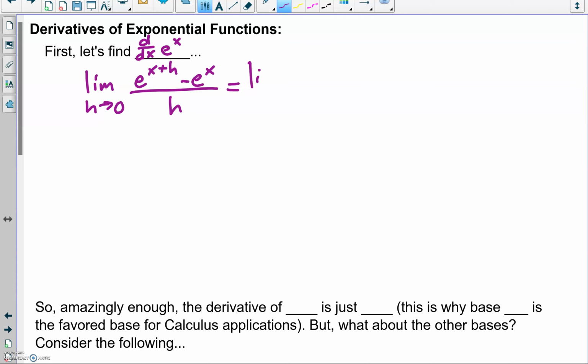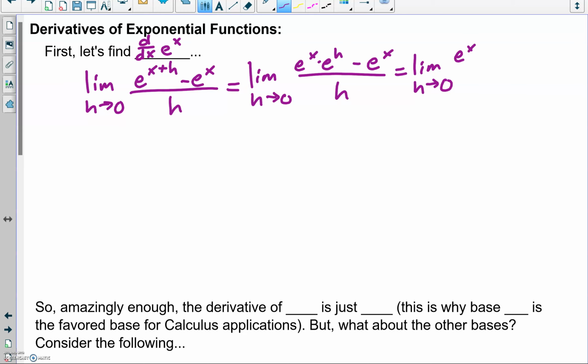And then we've got to use some exponent rules here, and we'll have e to the x times e to the h, splitting up that e to the x plus h, and then minus e to the x, all over h. And then I can do some factoring since I have an e to the x in both of those terms.